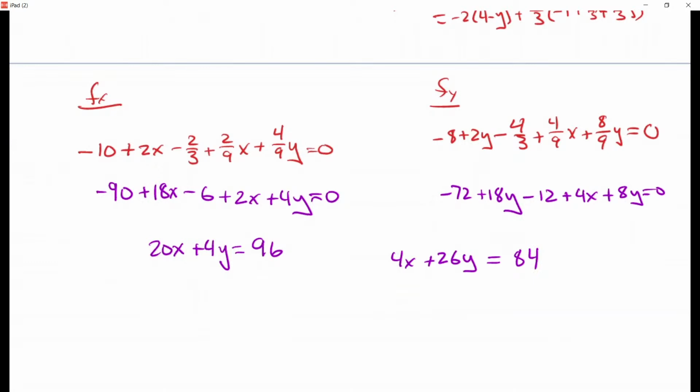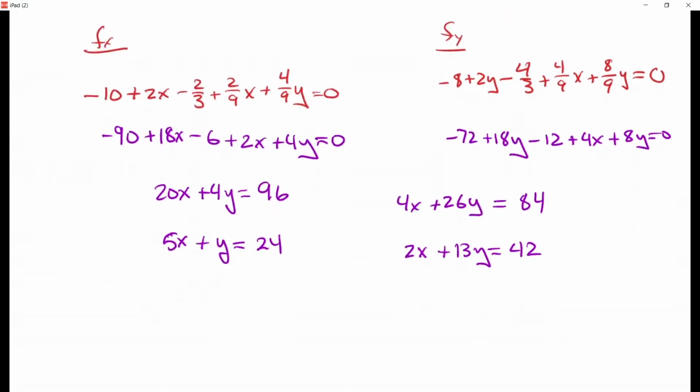So you can double check my math if you'd like. Looks like I could divide both of these by 2. Wait, that one will divide by 4. Okay, let me do that. 5x plus y is equal to 24. And then on the right, sadly, did I do my math correctly? 18 and 8. Yeah. Okay, so this divides by 2. 42.